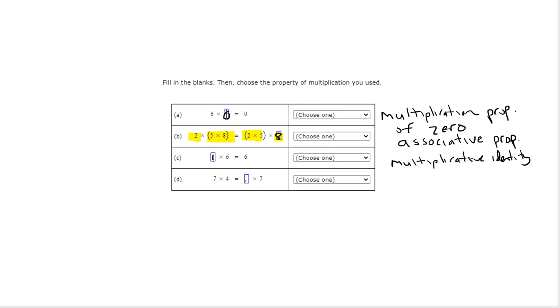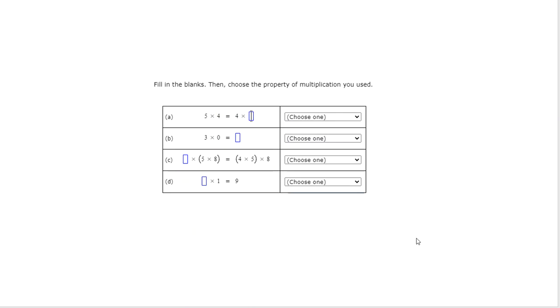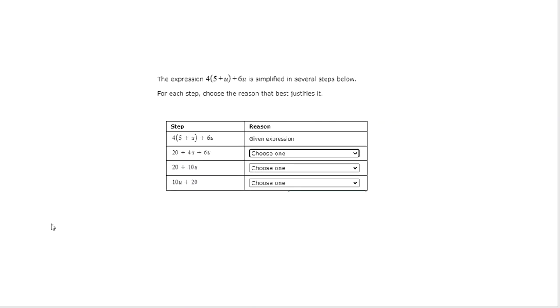And then the last one, 7 times 4 is the same as 4 times 7, and that's because the commutative property tells us that we can change the order when we add or when we multiply, and it doesn't change the answer. Okay, so this is another one of those same types of questions as I just did. And then let's look at this last one here. Actually, there's 2 more examples I'm going to do for you.